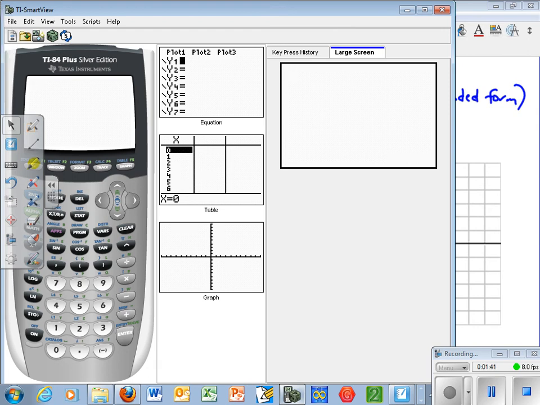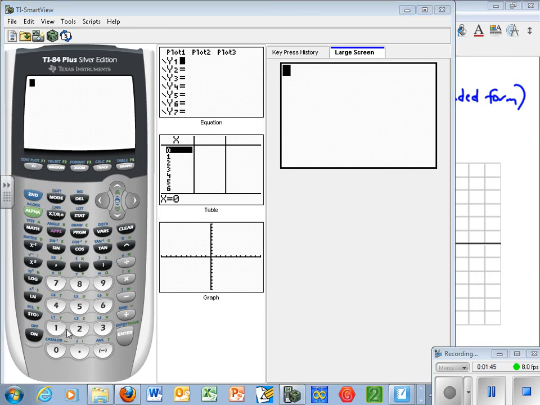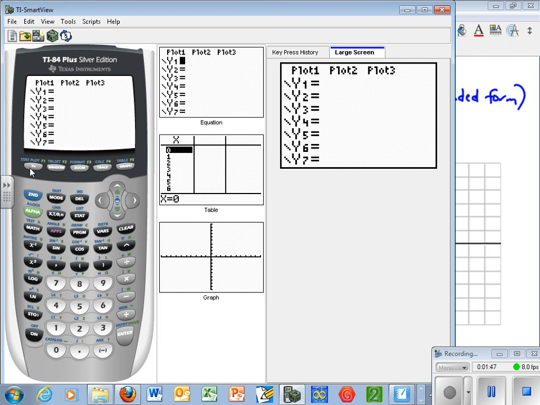Reminder that you need to go to y equals. On the 83s or 84s, we hit y equals and enter that function, because f of x is really like y, remember. So we're going to enter x squared, so I hit my squared button, or you can use your power key, plus 3x, that's your x button, and then minus 1.